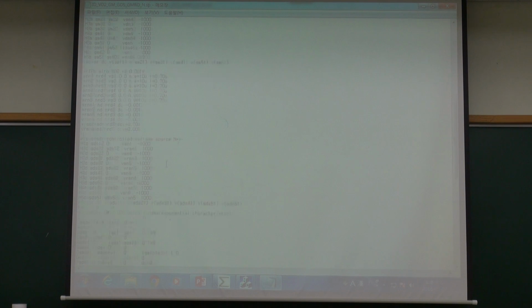Okay, how can I do it similarly for the GDS? GDS is 1 over RO. So let's just see. Oh yeah. See, I just compare the current of these 5 transistors.